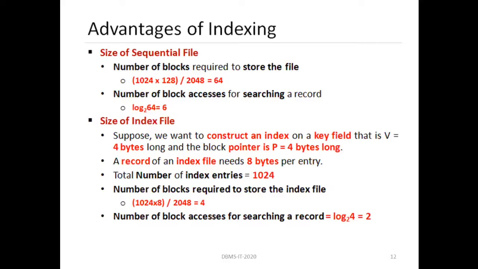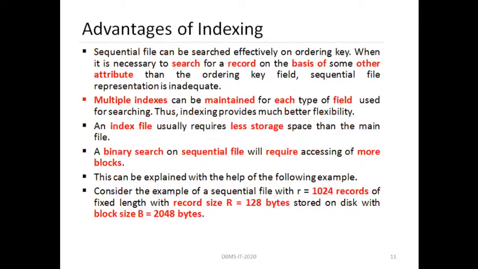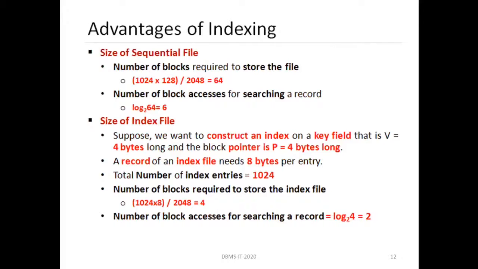So in that case, the total will be 8 bytes. So the number of records per block is basically 2048 divided by 8, and the number of blocks required to store the index file equals 1048 divided by 2048 divided by 8, and that will give you a block requirement equal to 4. So the block access for searching the record will be log base 2 of 4.